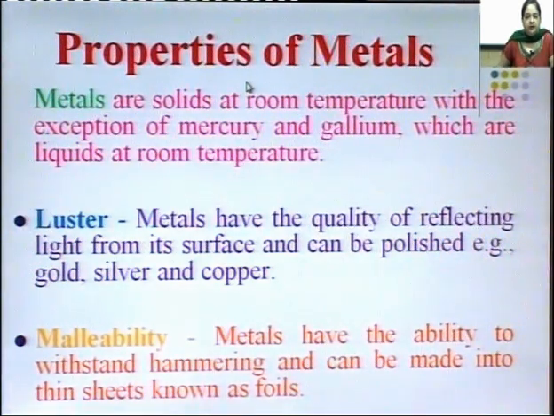Properties of metals. Metals are solid at room temperature with the exception of mercury and gallium, which are liquids at room temperature. Luster: metals reflect light from their surface and can be polished. Malleable: metals can withstand hammering and be made into thin sheets known as foils.